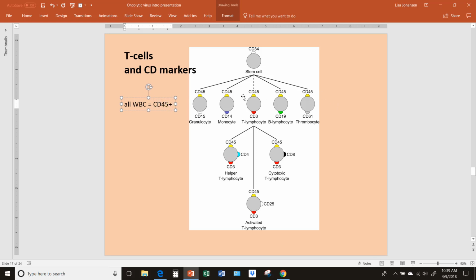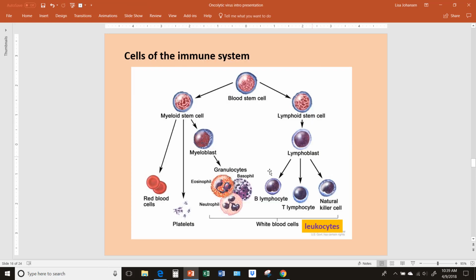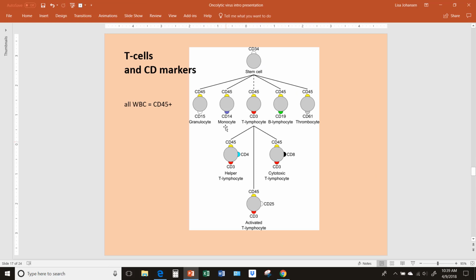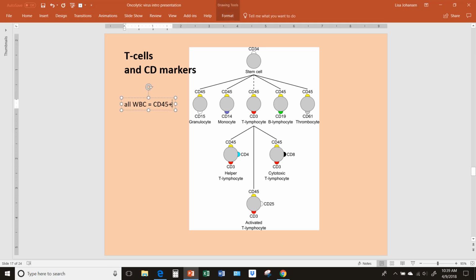So monocyte, B lymphocyte, just like we saw, all of these are going to be CD45 positive. When they stain for that, that's just counting all the white blood cells in that area. When they look at CD3 positive, those are all your T cells. You can see your helper T cells, your cytotoxic, your activated, those all have the CD3 marker.